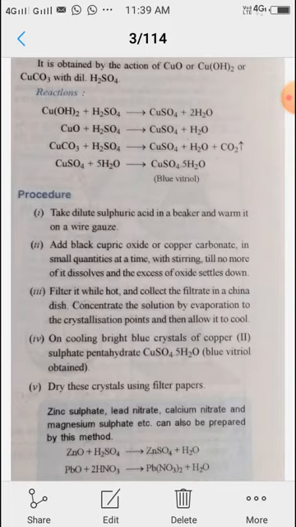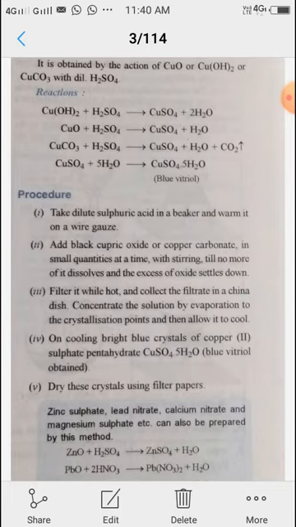In the next reaction, if you don't have cupric hydroxide, you can treat cupric oxide with H2SO4 to form once again copper sulphate plus water. And third, when copper carbonate is treated with H2SO4, once again it forms copper sulphate and water, with the evolution of carbon dioxide gas.